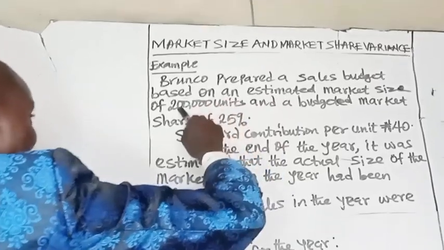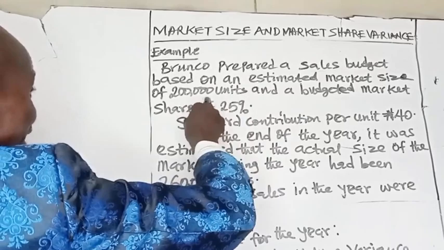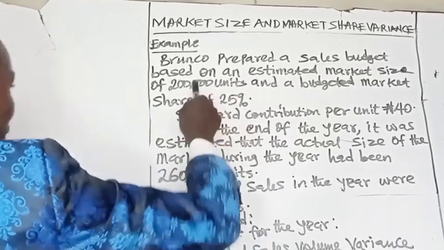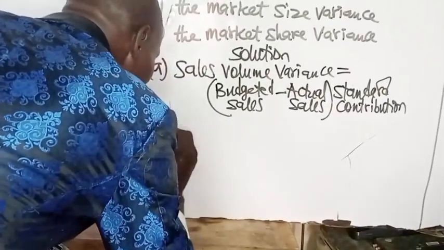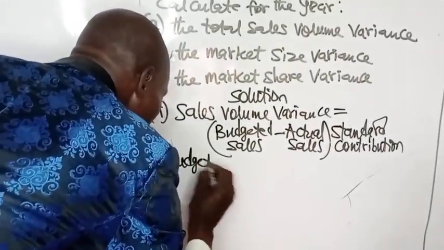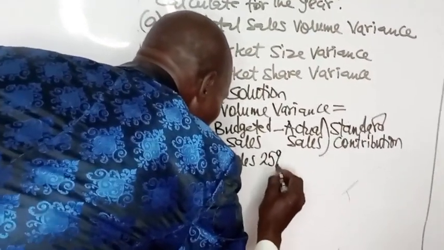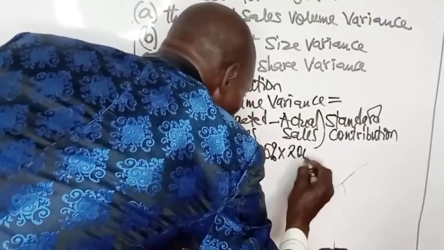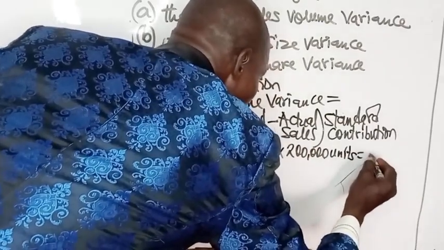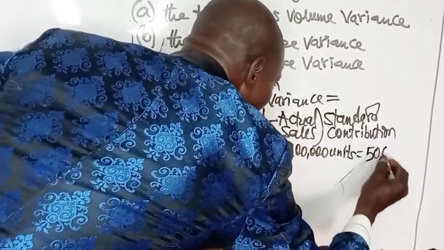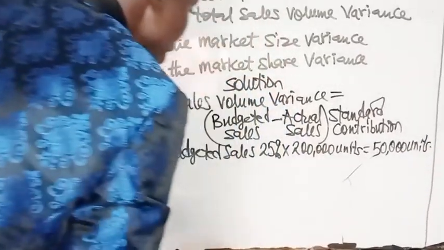So budgeted sales is 25% of 200,000 units. That gives us 50,000 units. That is our budgeted sales.